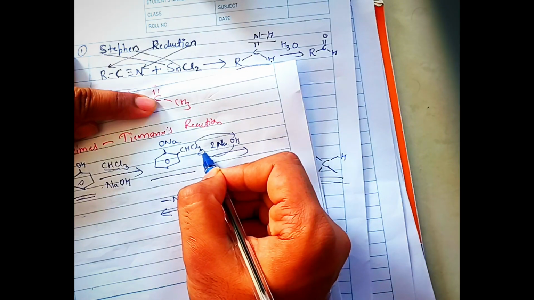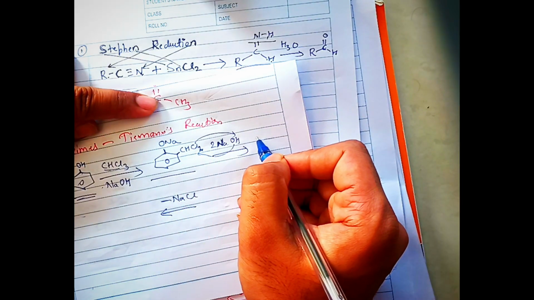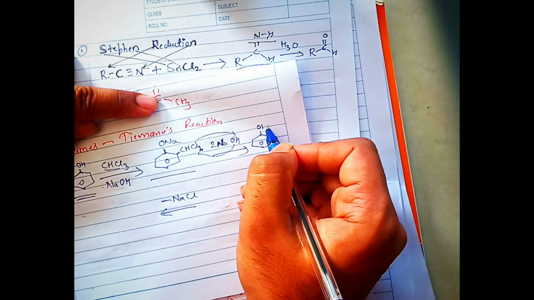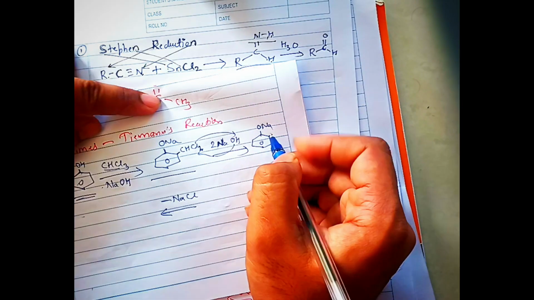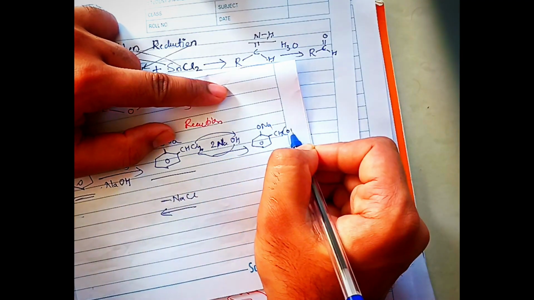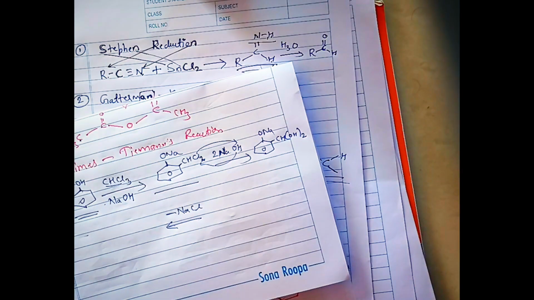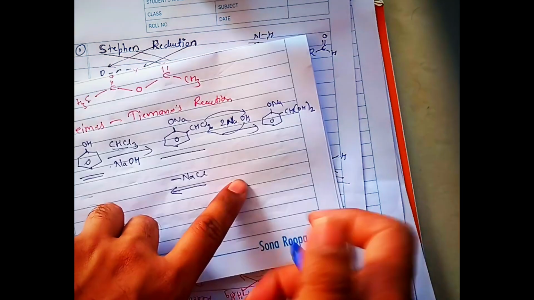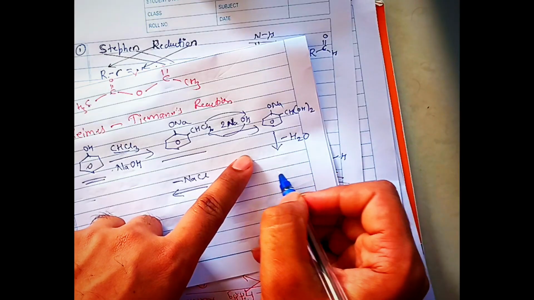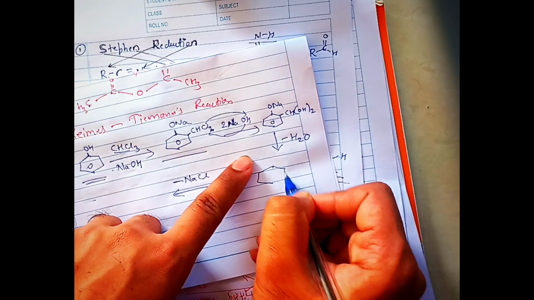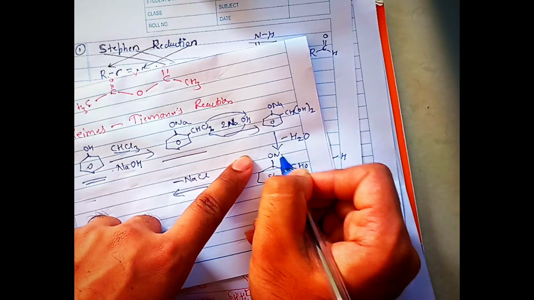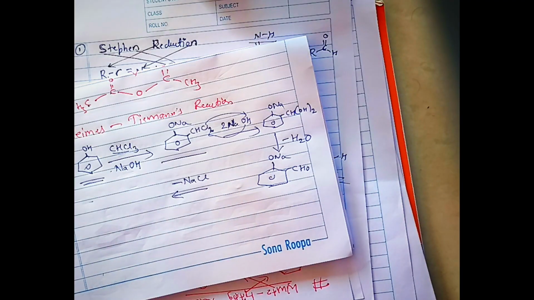So I can easily write here OH, ONa, and then here CH, this Cl2 replaced with OH2, right? Then by the removal of water, we get the aldehyde and then the same ONa, right?